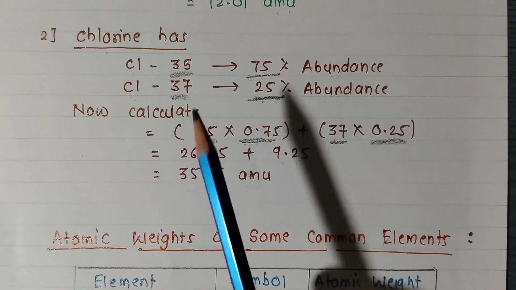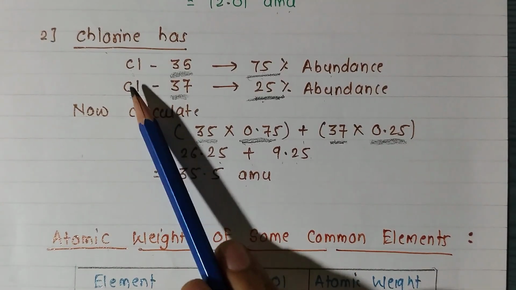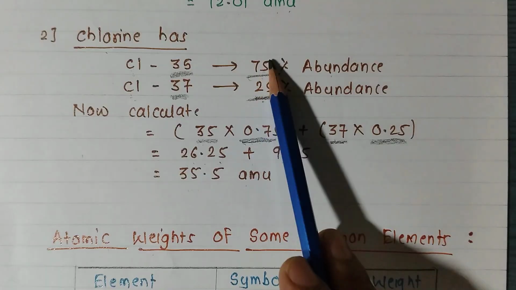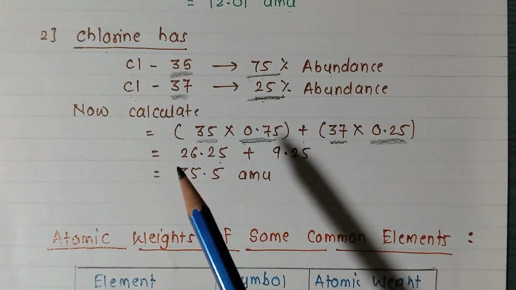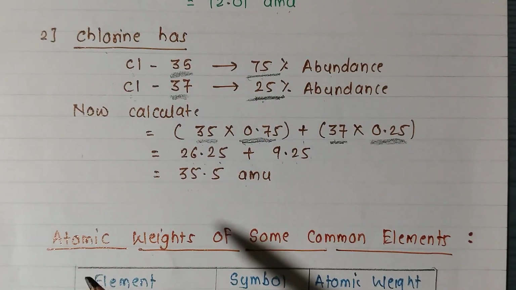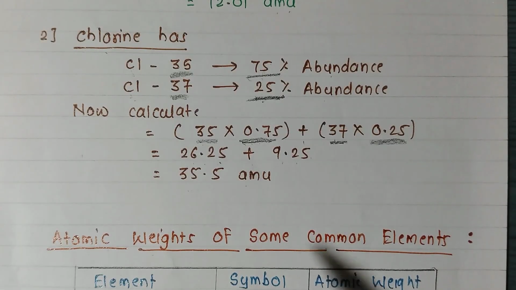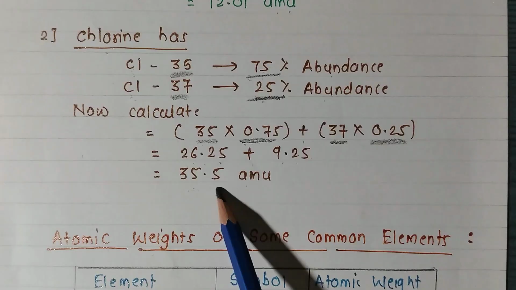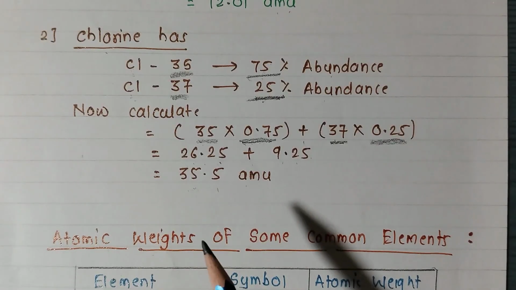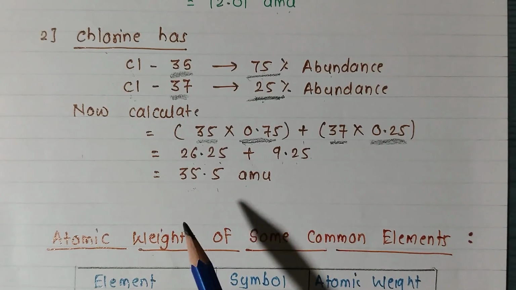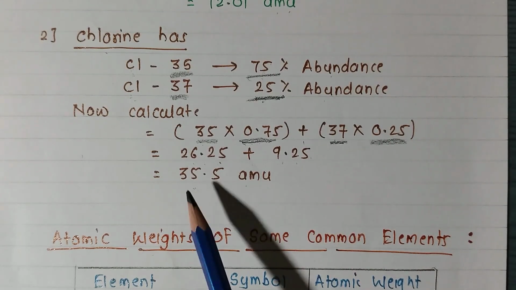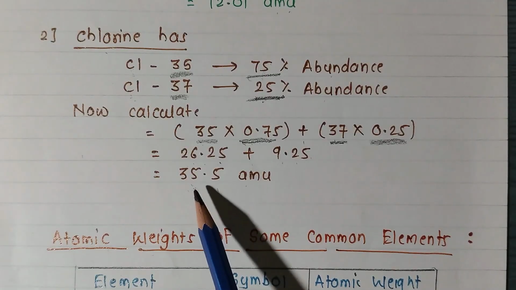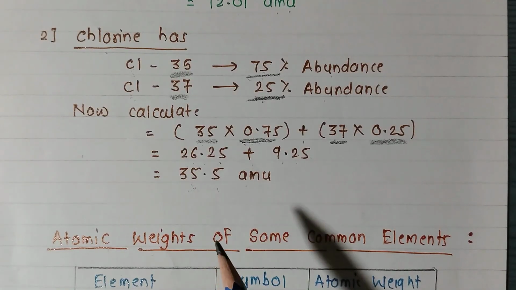Only elements with one dominant isotope have nearly whole numbers. So when a whole number appears, those elements have one dominant form, and for this type of element the atomic weight appears as a whole number.